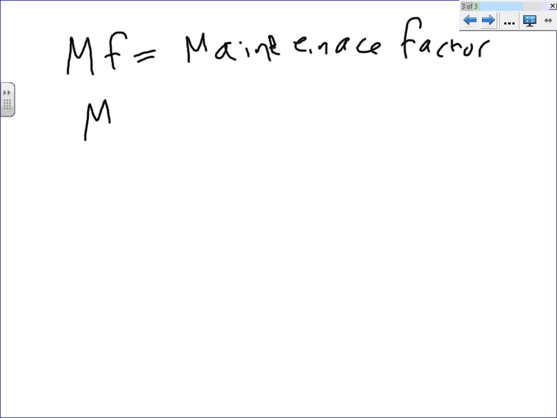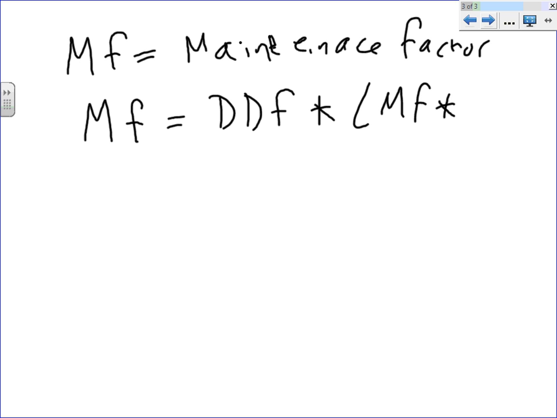Here's the definition of maintenance factor, guys. You take the DDF, and I will define this in a second, it's defined in your book too, LMF, you're going to hear a lot about these, LLD, times TF. This is how they calculate the maintenance factor for a fixture.